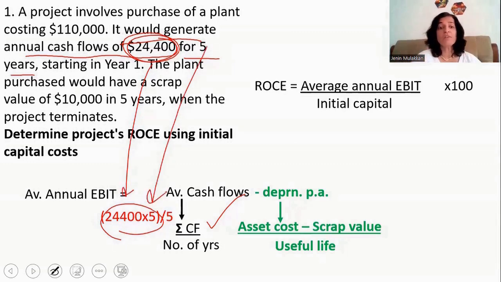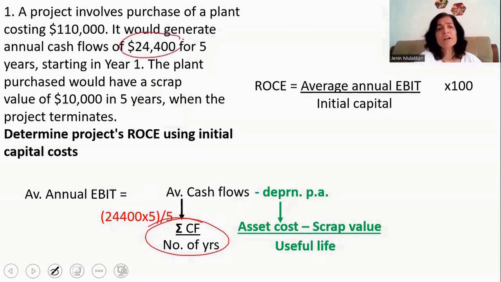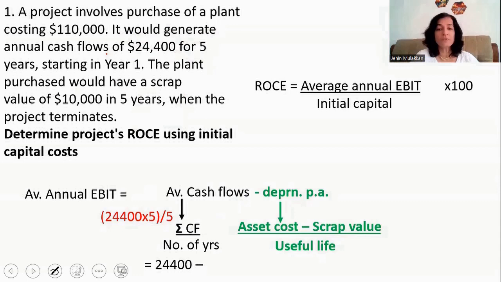And again, we have to divide it by the number of years, which is again 5. So we are left with the very same amount of 24,400. So whenever we are having constant cash flows, basically we don't need to adopt this formula. We have to just take this figure 24,400, because that is the average cash flows per annum. So we've got the first item, 24,400.